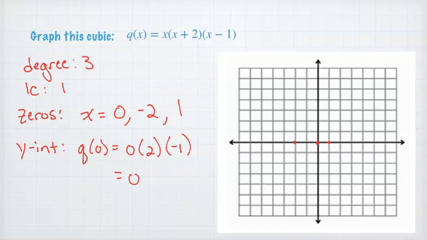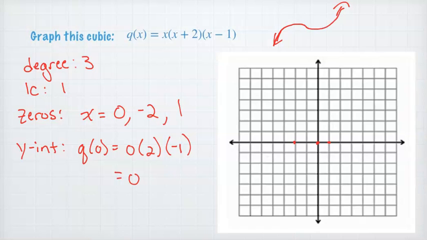All right, my degree is odd and my leading coefficient is positive, which means that my end behavior is the odd degree gives me 2 separate directions, and then the positive leading coefficient means I'm going to start low on the left and end high on the right.